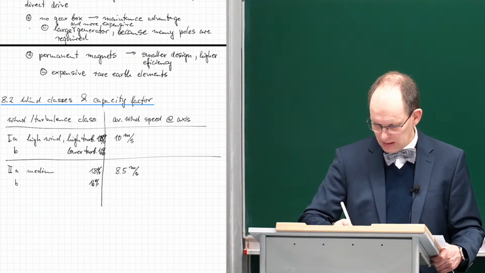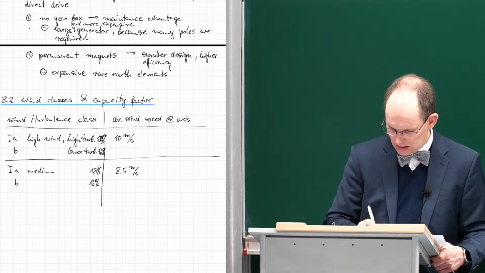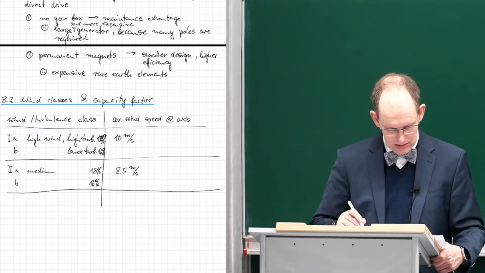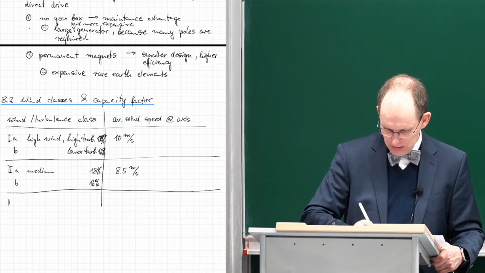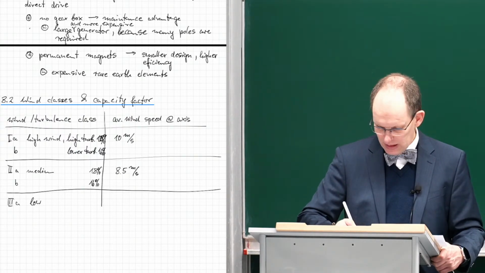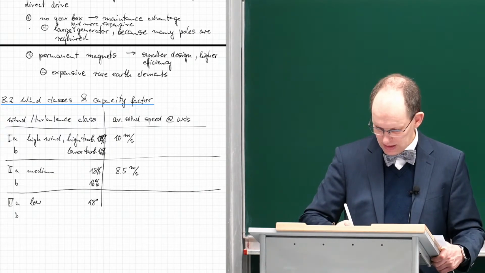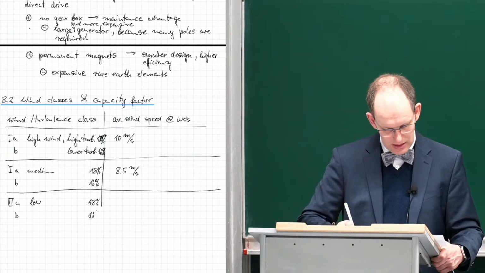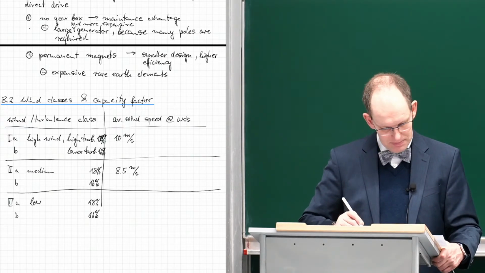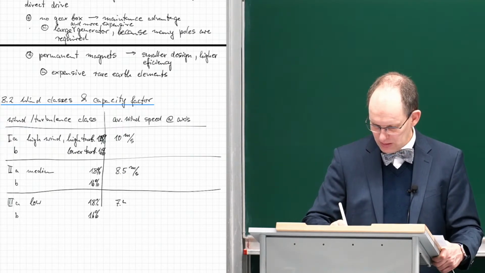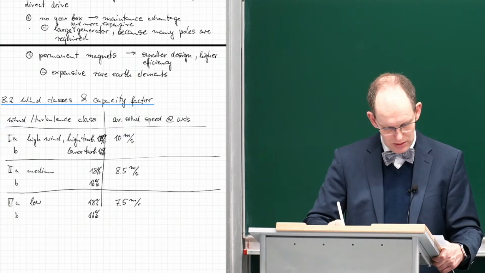And here 16%. And finally, we have low wind speed. And there also the same thing, A and B, 18% and 16%. And here the wind speed is 7.5 meters per second.